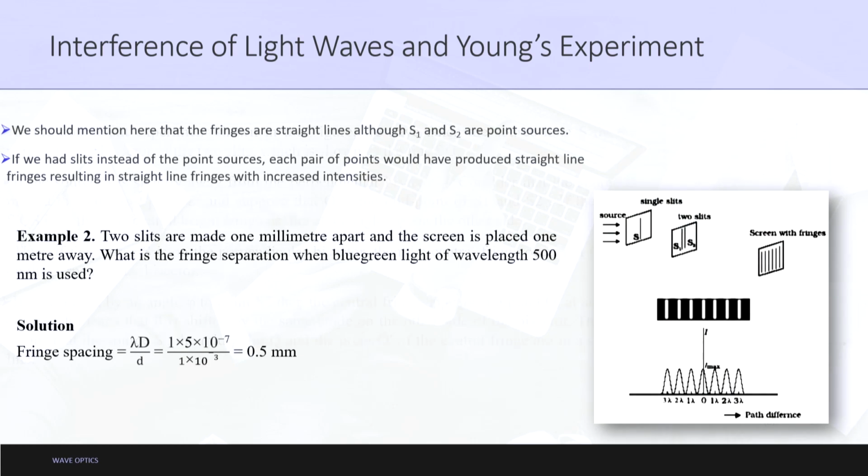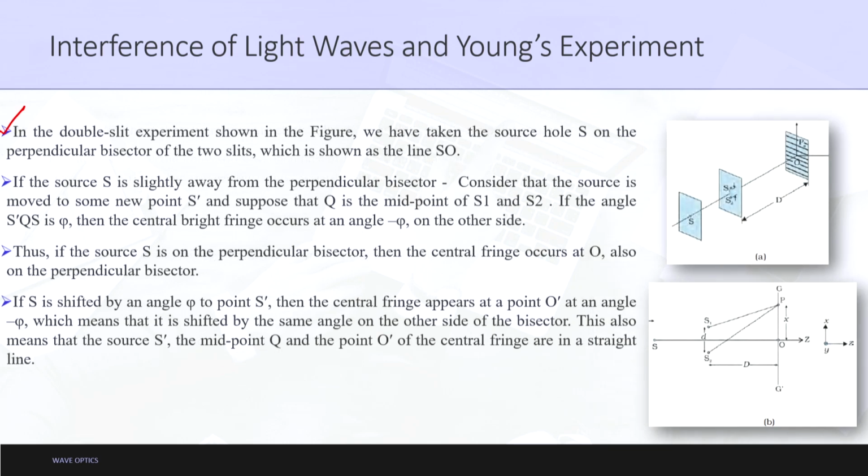If no diagram is given, I will try to explain from here only. Let us suppose this was S here, and this is S dash here. A central bright fringe occurs only when the distances S1O and S2O are the same. On calculation it was found that these distances are the same only when the source is deflected somewhat above. So this is that point. Which angle is being talked about?